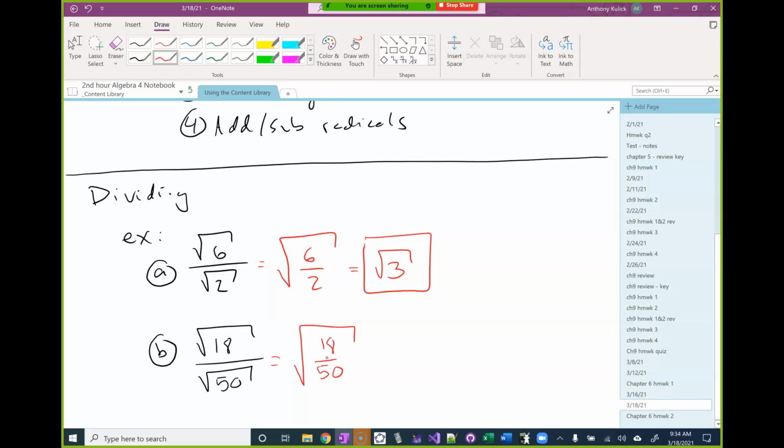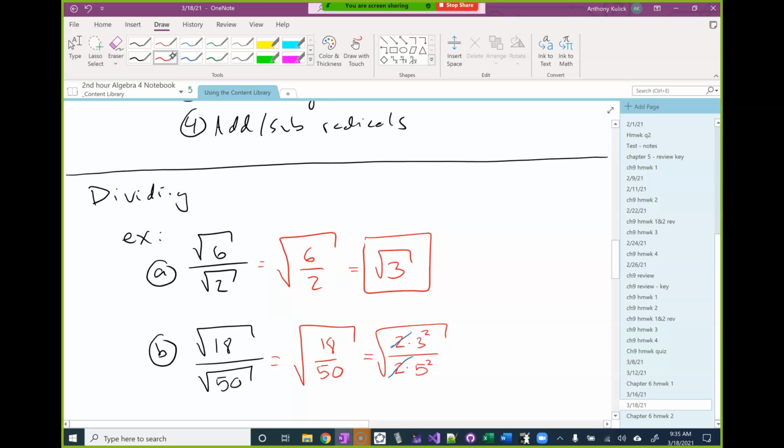You divided both of them by 2, right? If you didn't notice that, you could always do a prime factorization. 18 is 2 times 3 squared, and the prime factorization for 50 is 2 times 5 squared. And you could notice the 2's would reduce. And you're left with 3 squared over 5 squared, or 9 over 25. Either is fine.